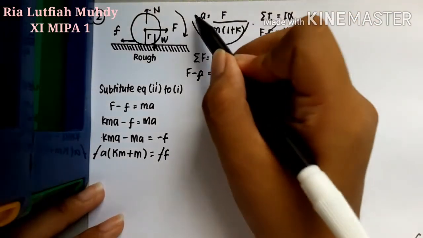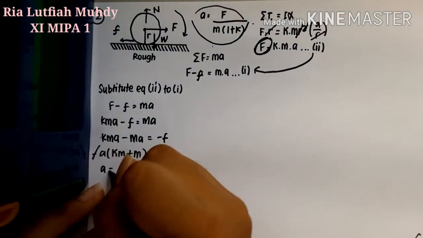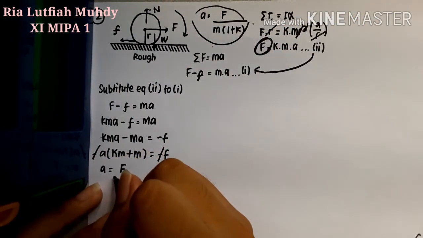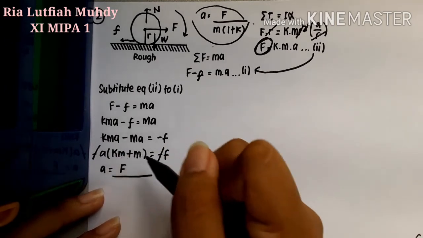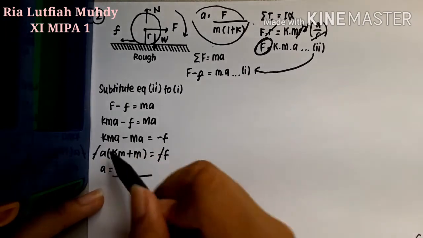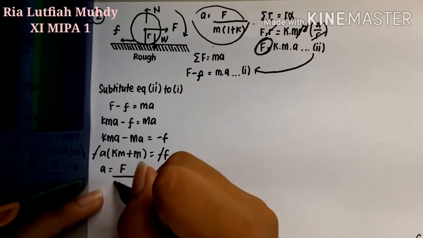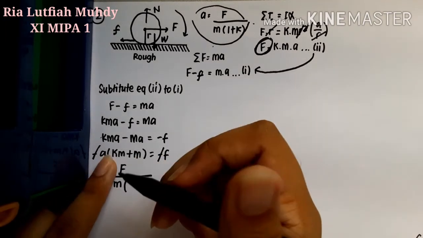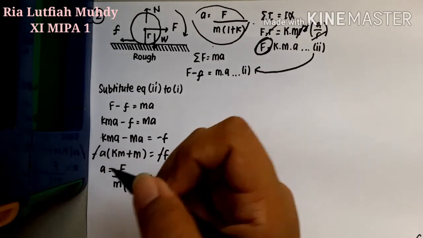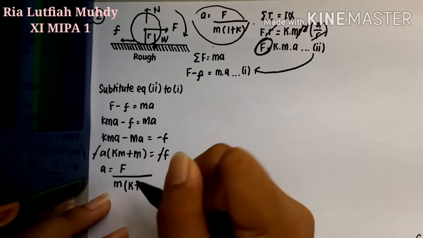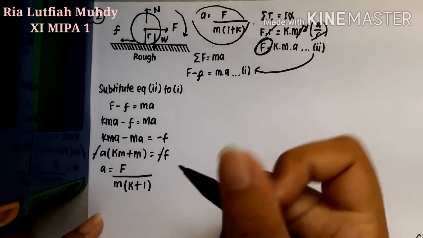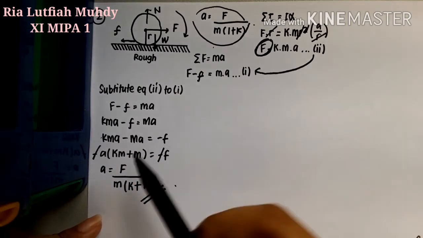For getting this formula, we look at a equals F over K m plus m. So the m we can take out from this symbol, or from this symbol. So m, there is K, so we can write 1 plus K equals K plus 1. So we can write this K, plus there is only one m, 1. So this is the step how we get this formula.